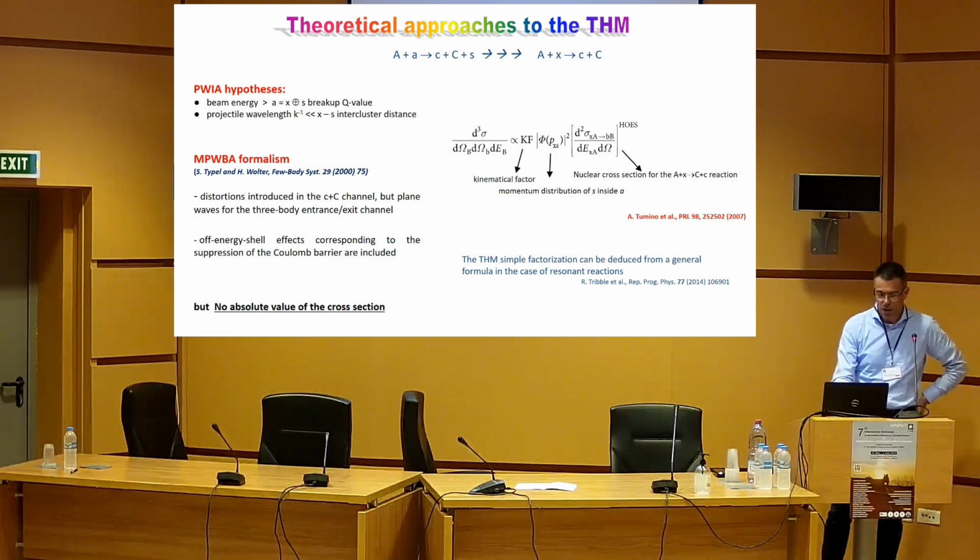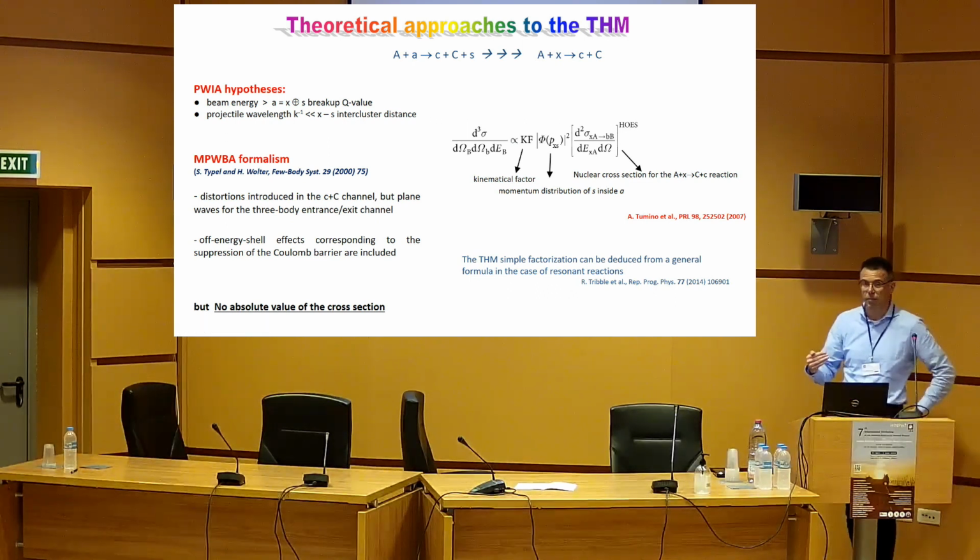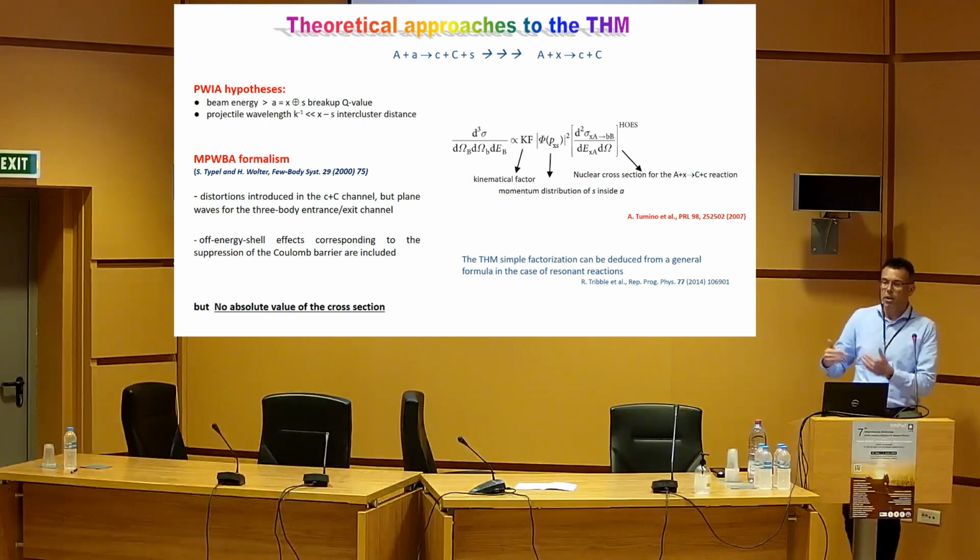Then what is also the price that you have to pay in this case is that here you don't have an equality sign, you just have a proportionality. So it means that you need to normalize the data to some already existing measurements.